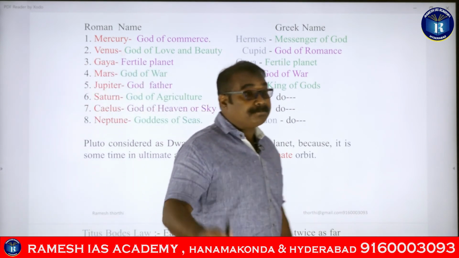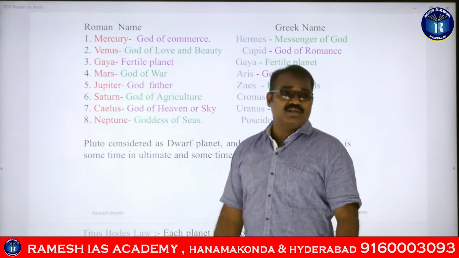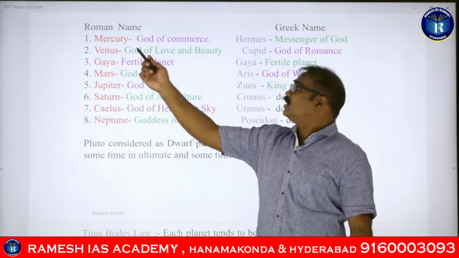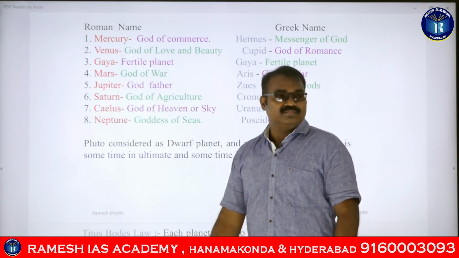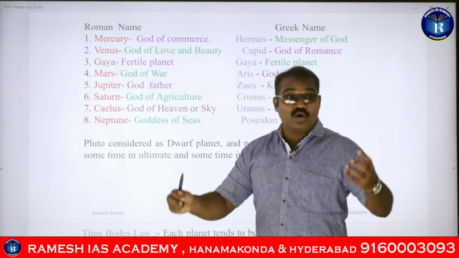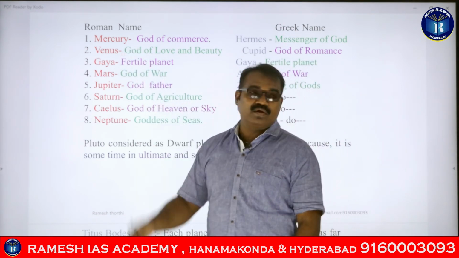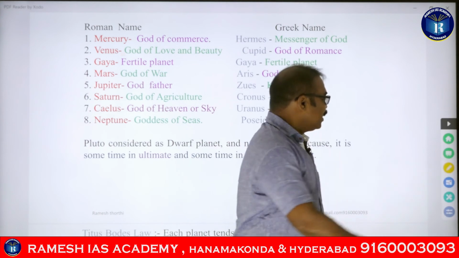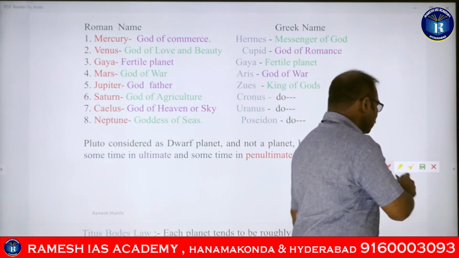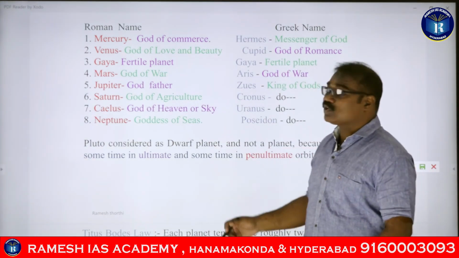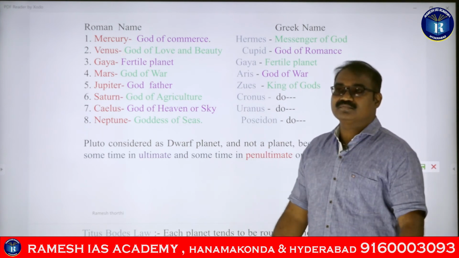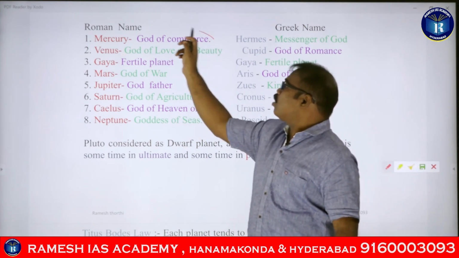Mercury is the Roman god's name, and it is the god of commerce. So the Roman god of commerce is Mercury. There is a reason why it has been named so. Why Mercury? Because of its speed.